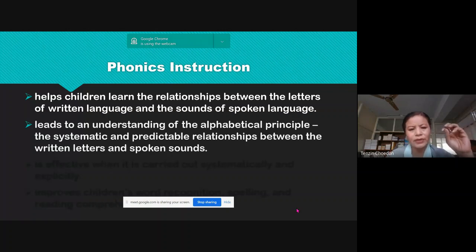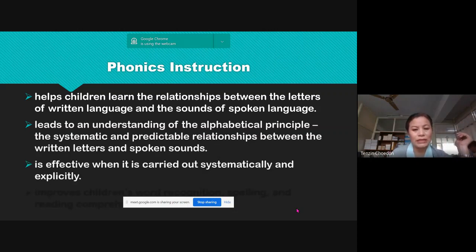That is why it's very important, because in the English alphabet we have just 26 letters, and yet so many words can be formed with them. Children need to understand that though there are just 26 letters, they represent so many phonemes, so many sounds.